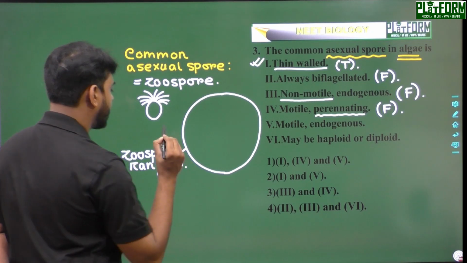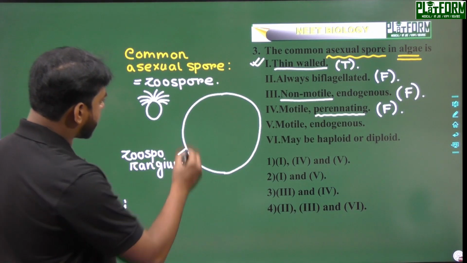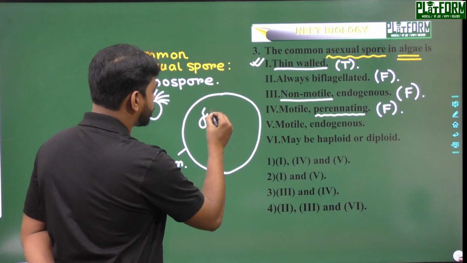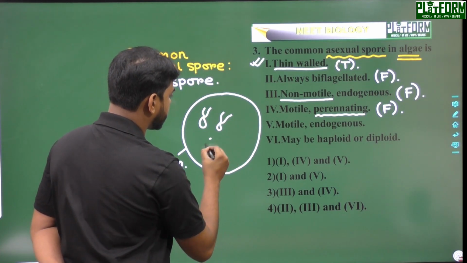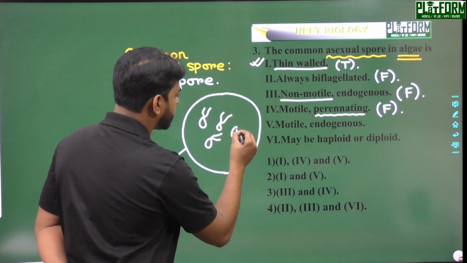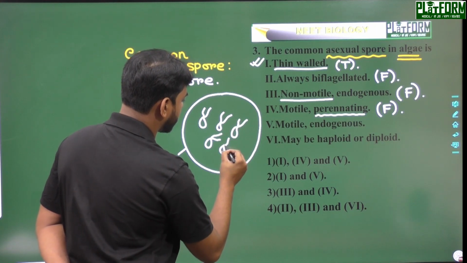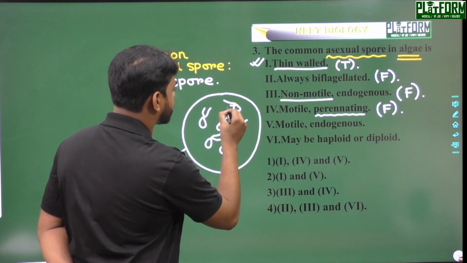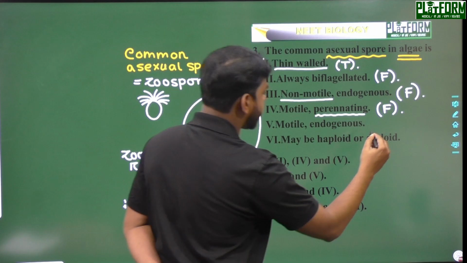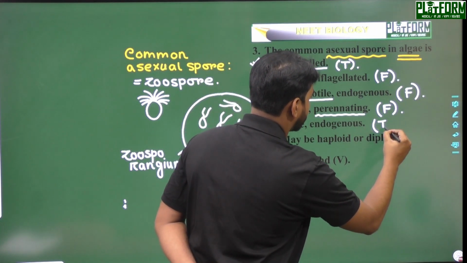Inside the zoosporangium, numerous zoospores are developed. Let us assume these are the zoospores developed inside the zoosporangium. So motile and endogenous, this is a true statement.